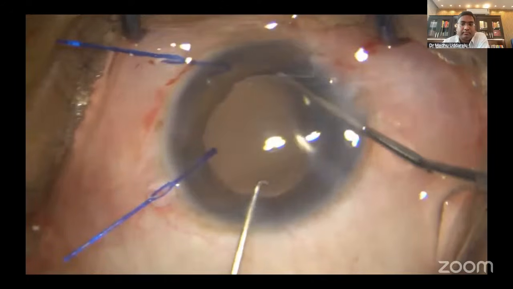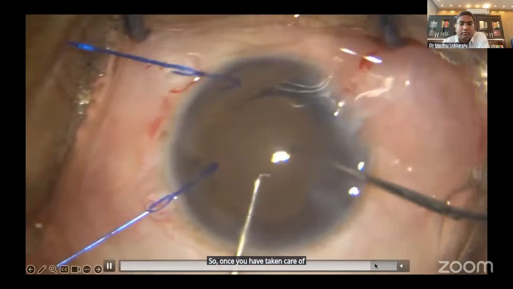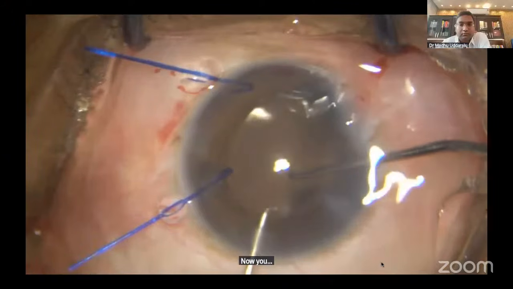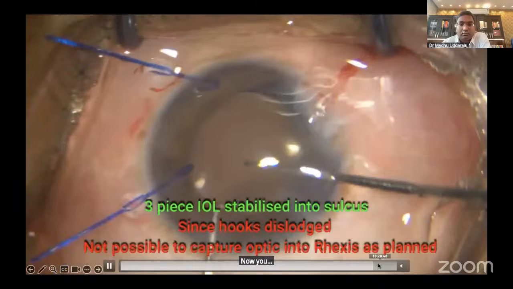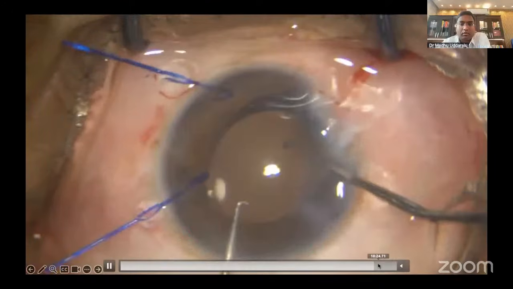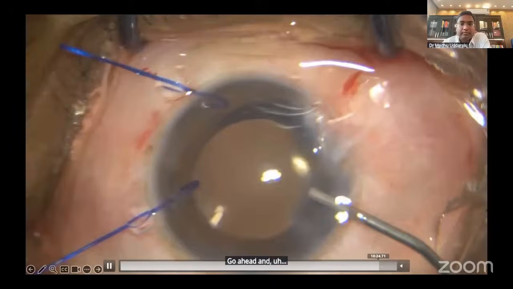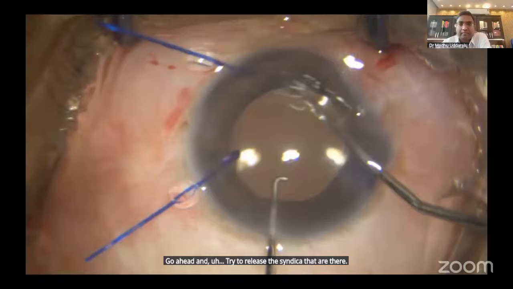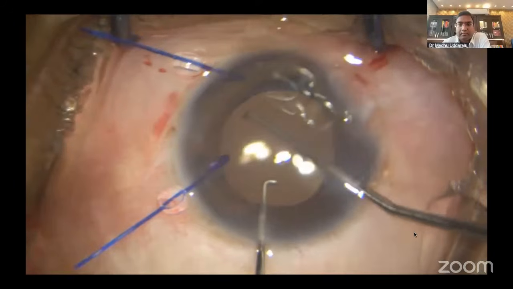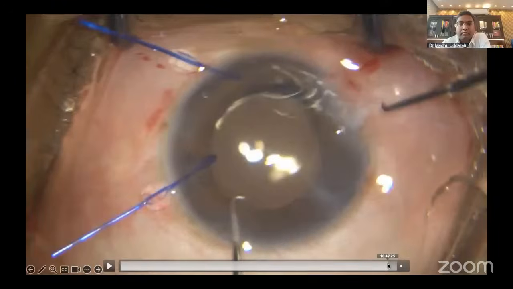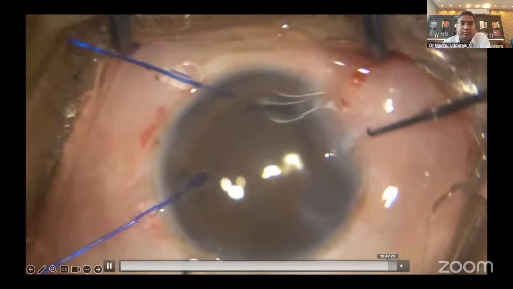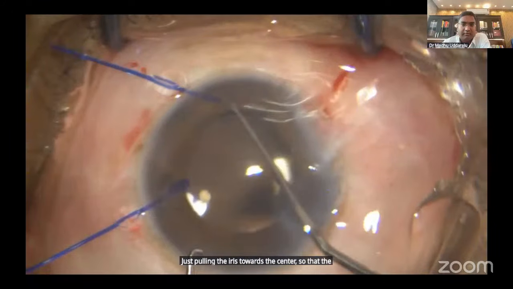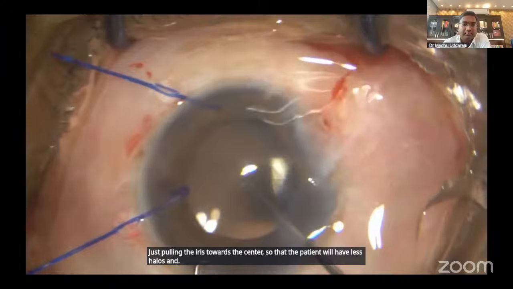So once you have taken care of the lens, now you go ahead and try to release those synechiae that are there. Just pulling the iris towards the center so that the patient will have less halos and photophobia.